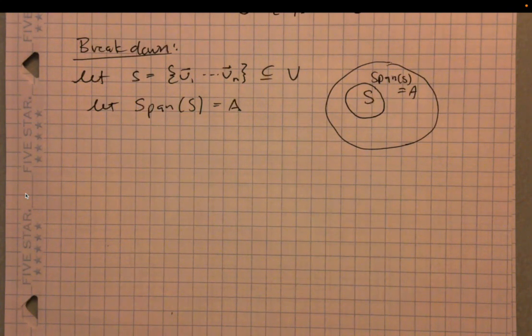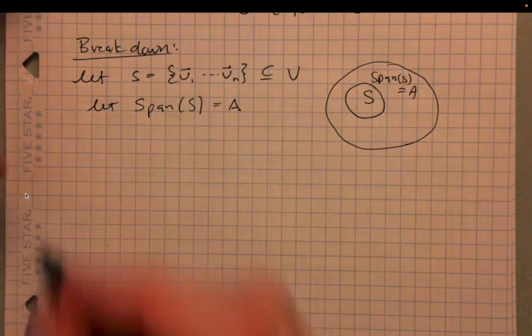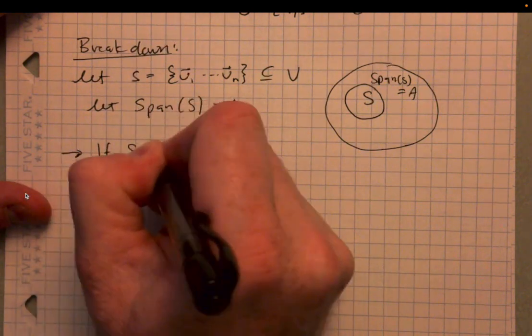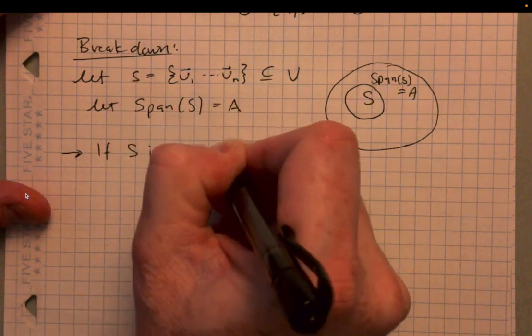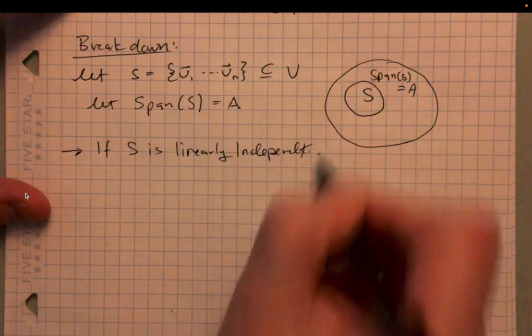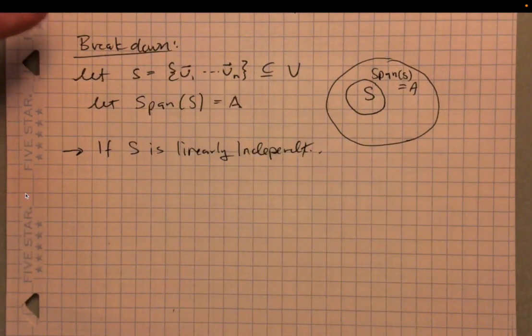So if S is linearly independent, and I remove Vn from S, here's a couple cases.